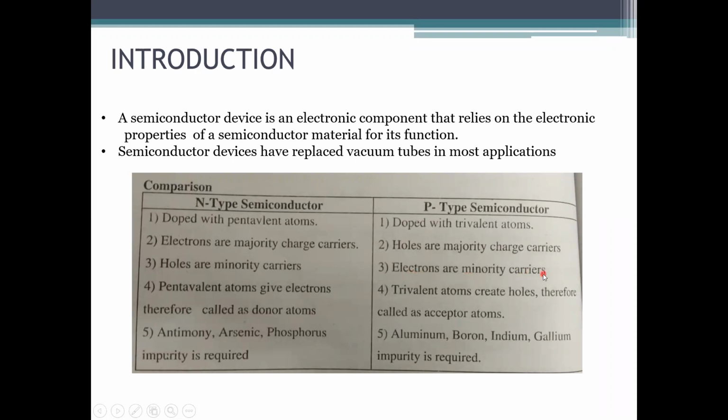As I told you, in a semiconductor, current flows due to the motion of two types of charges, holes and electrons.